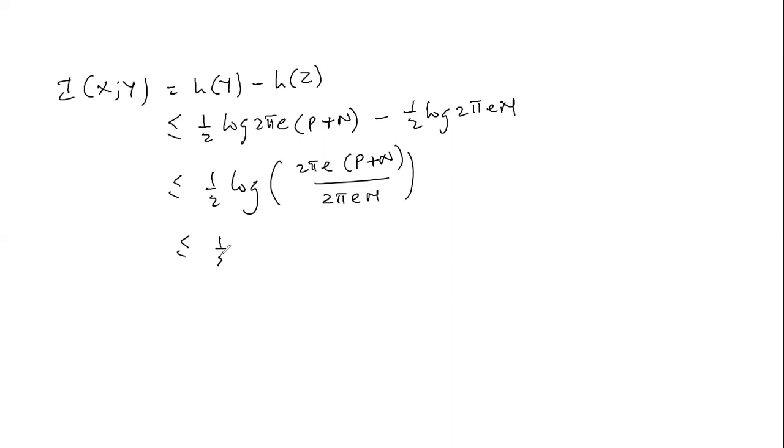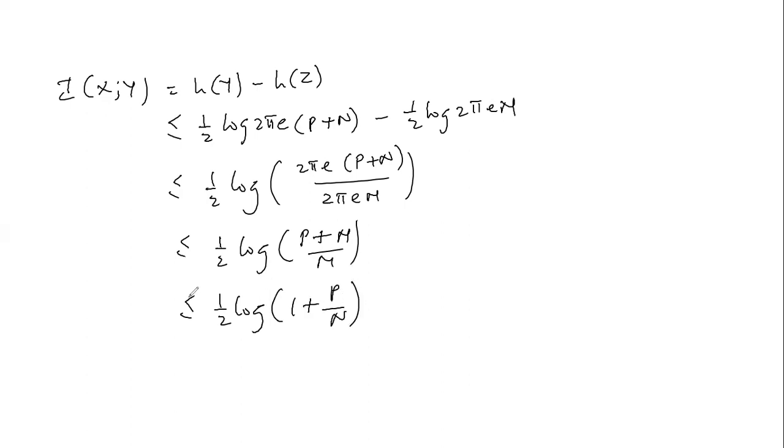And this will be less or equal to half log (P plus N) divided by N, which is the same as half log (1 plus P over N), right? So in other words, the information capacity of the Gaussian channel becomes the maximization of this, because recall that C is the maximum value of the mutual information when the expected value of X squared is less than the power constraint.